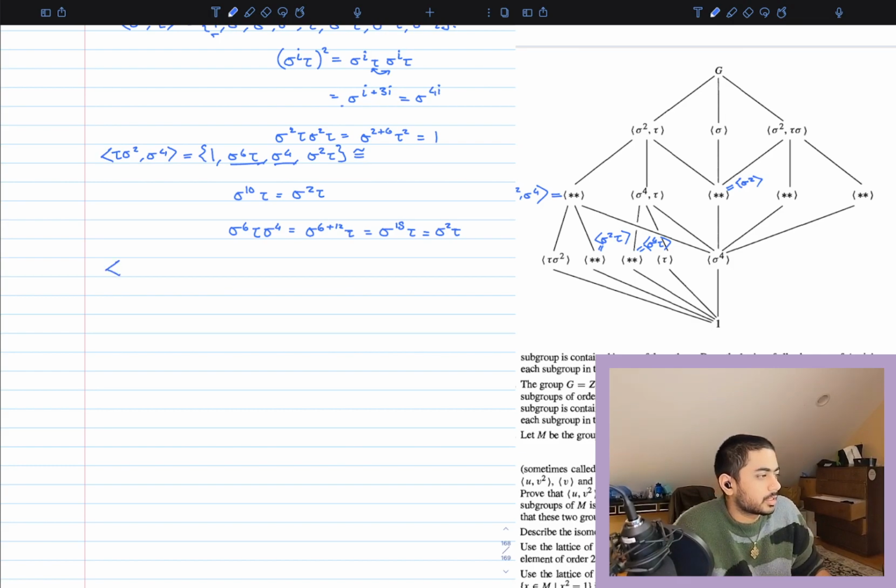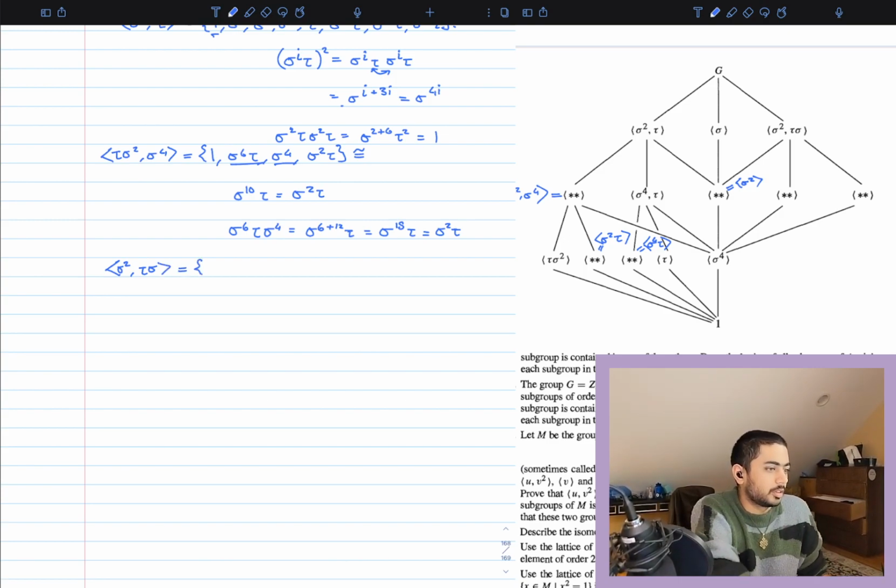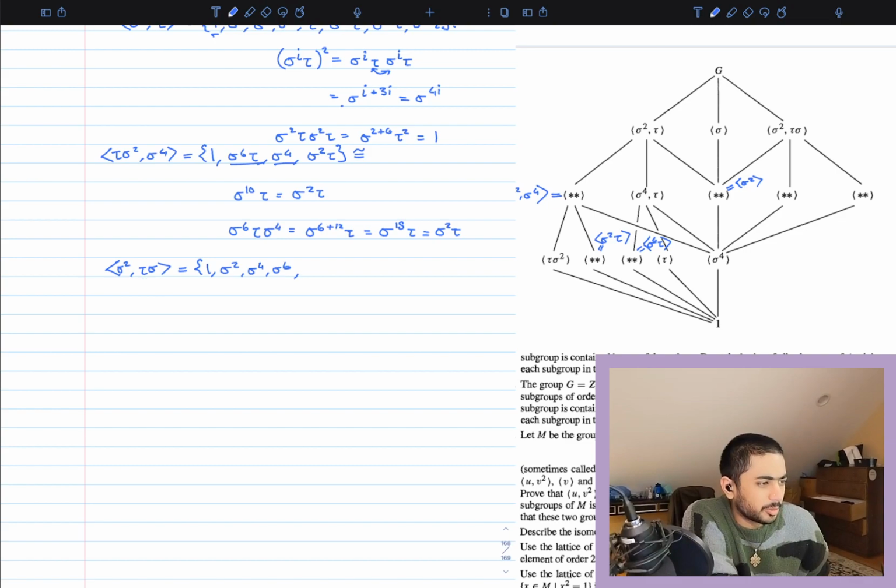So what is sigma squared tau sigma? What have you got? So we've got 1, we've got sigma squared and all of its powers. And then we've got tau sigma, which once again I would rather flip and write as sigma cubed tau. And then we've got all these multiples, so sigma to the 5 tau, sigma to the 7 tau, and then also sigma tau itself.